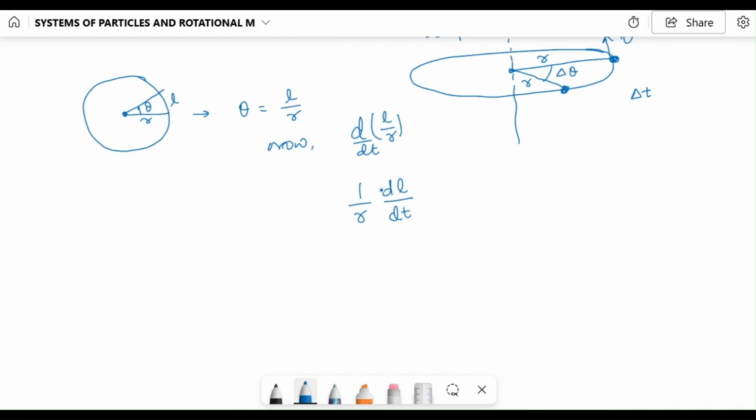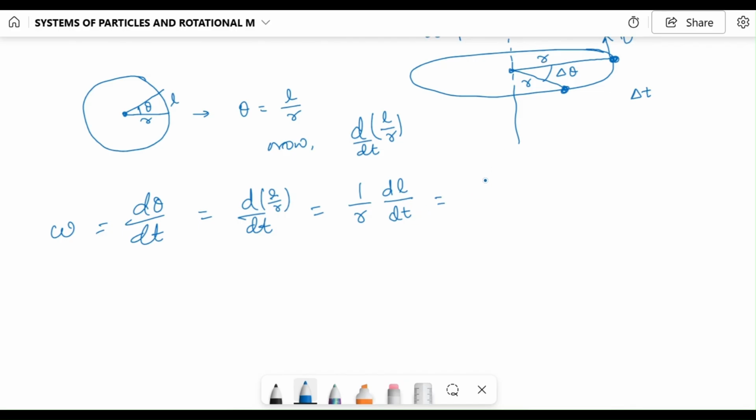This d theta by dt, which has been written as dL by R dt, is the instantaneous angular velocity. I have taken this 1 by R outside the differentiation because it is constant; on this particular circular track, this R is not going to change.